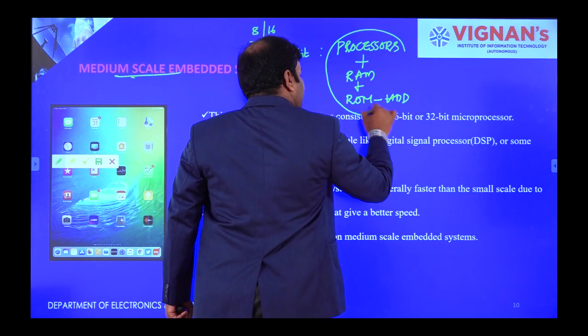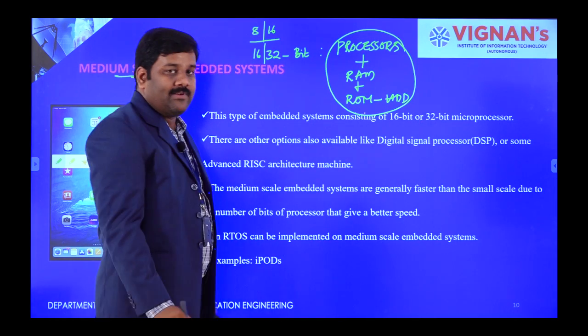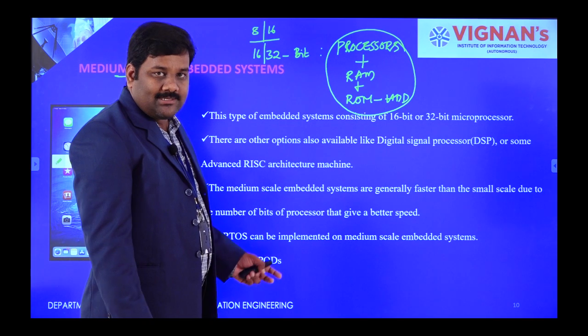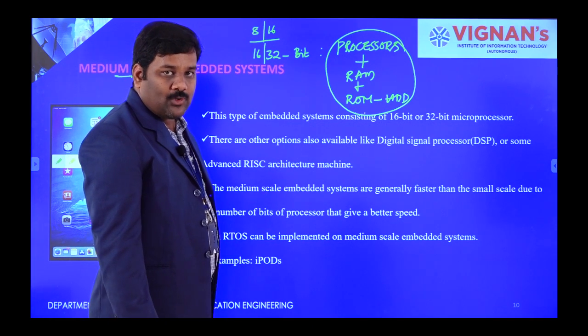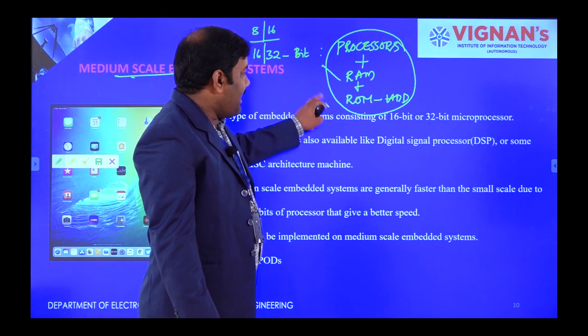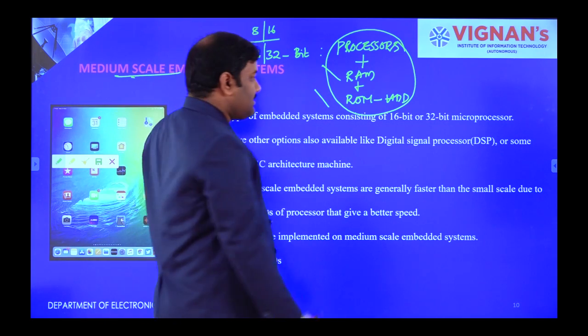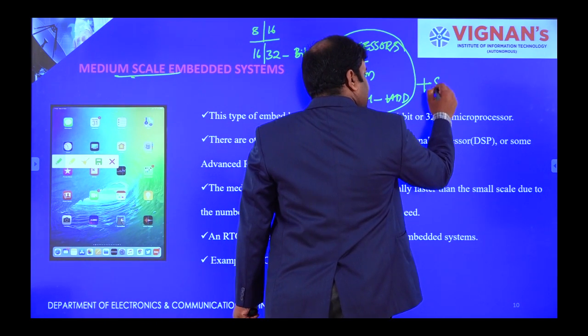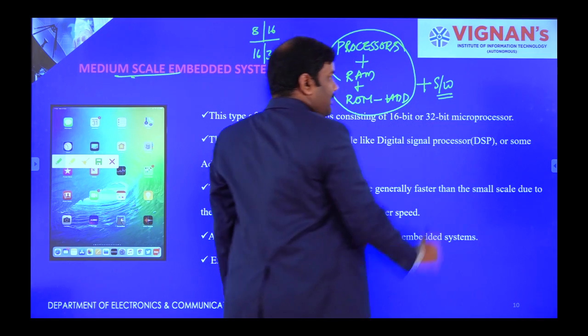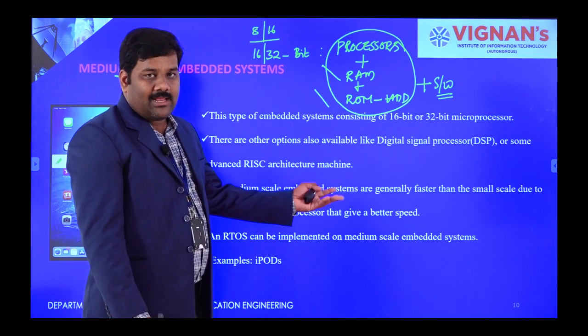If you implement a device with a 16-bit or 32-bit processor, RAM and hard disk, with software, then we call it an embedded system.